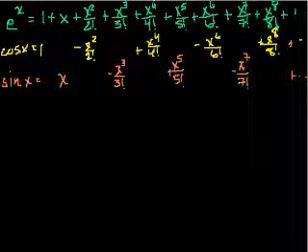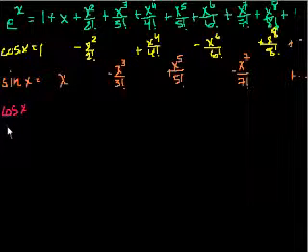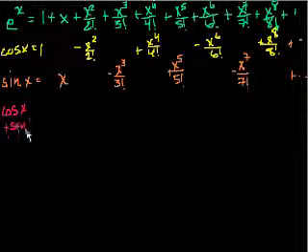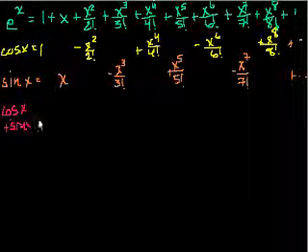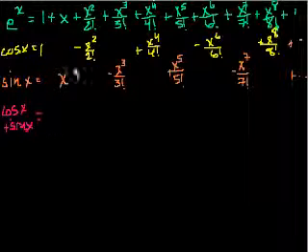Now let me make that clear. So what if I were to define the function cosine of x plus sine of x? What would its Maclaurin series representation be? Well, it's essentially adding these two rows.